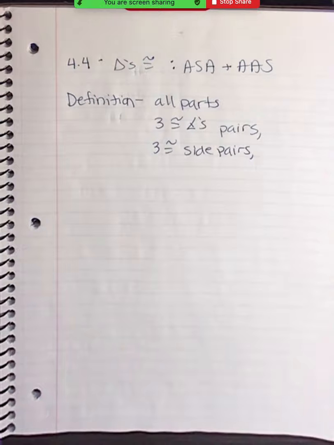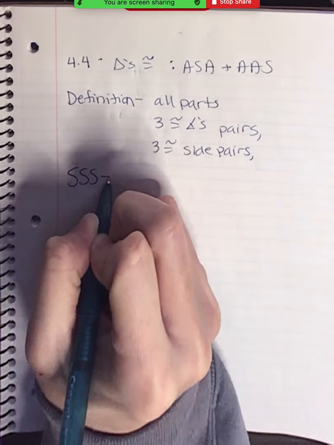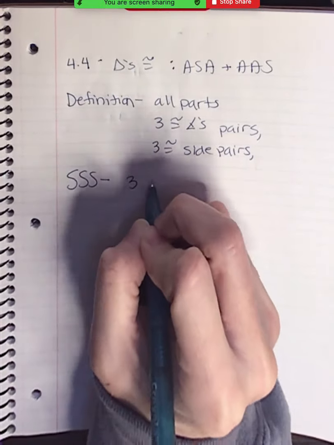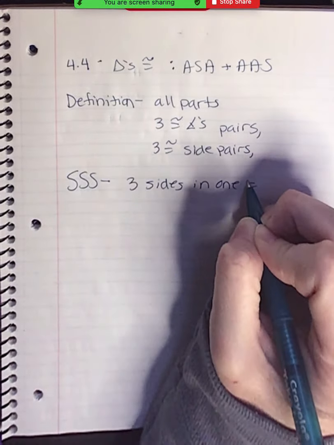Or we could have used side, side, side, okay? 3 sides in one congruent to 3 sides in the other.